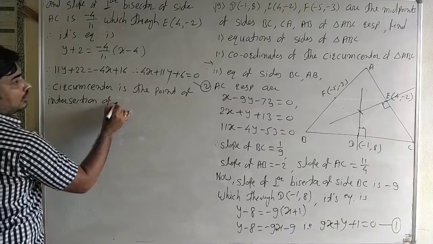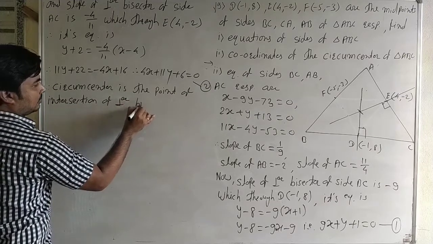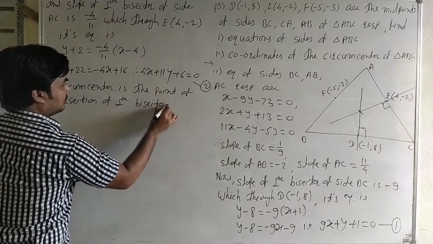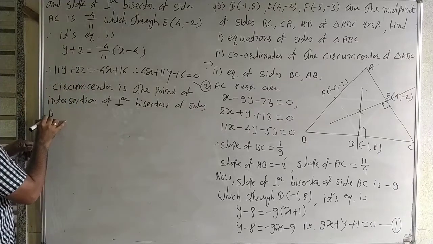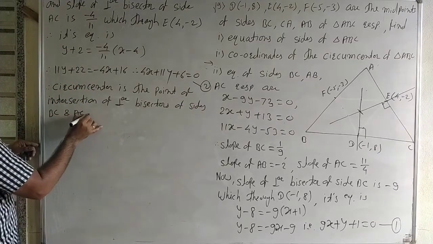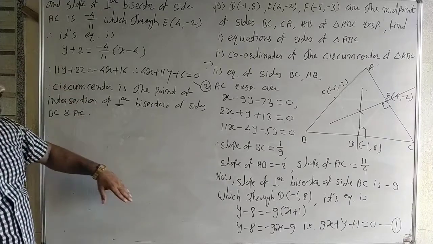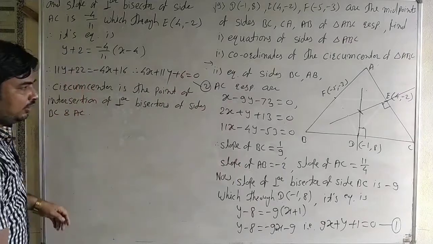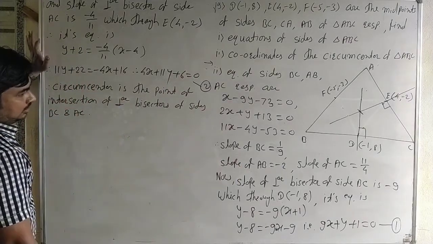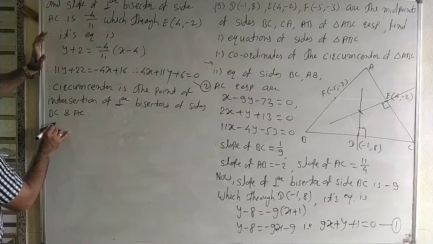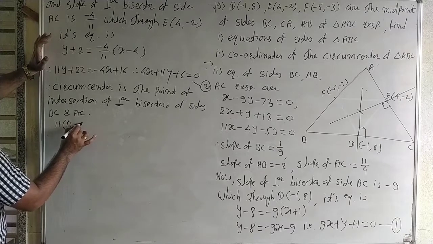of the perpendicular bisectors of sides BC and AC. Therefore, to find the point of intersection, we solve equations number 1 and 2. Therefore, 11 into equation number 1 minus equation 2.